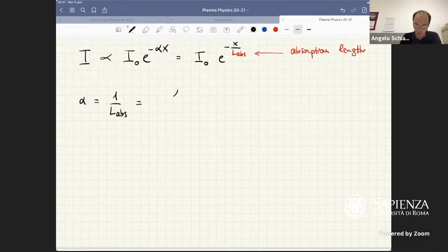And what is the absorption length? This is a very heuristic way of defining it. It's a characteristic length, and as always in plasma, we want to express this number as a function of characteristic time, characteristic speed, characteristic energy, and so on. So what is lambda absorption? We can imagine this is the characteristic length over which the energy of the wave is absorbed.